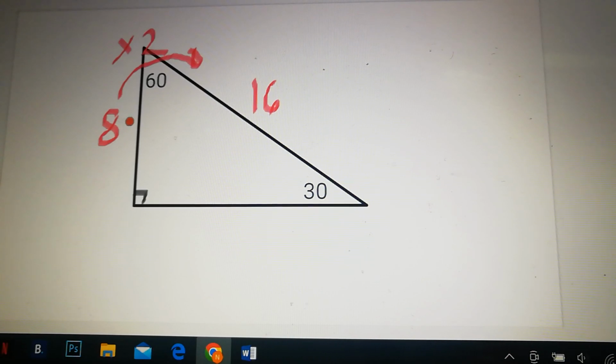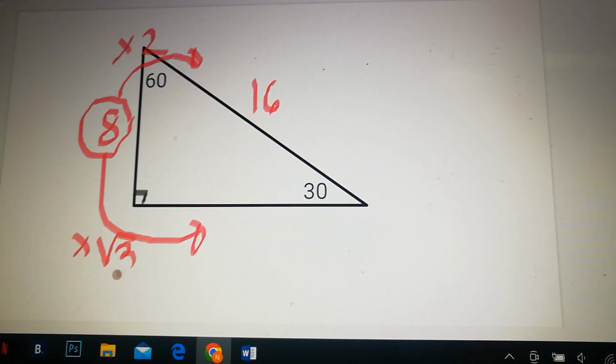Okay, so the given is 8. How do you find the longer leg? Multiply by square root of 3. So therefore, this is equal to square root of 3 times 8, so 8 square root of 3. So your answer is 8 square root of 3.